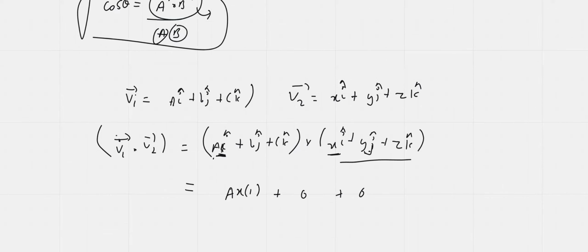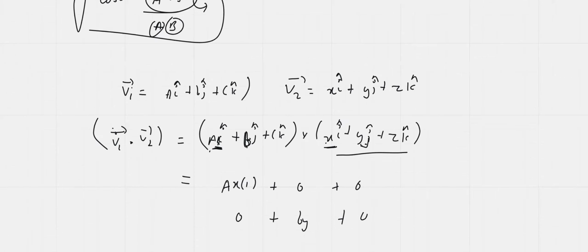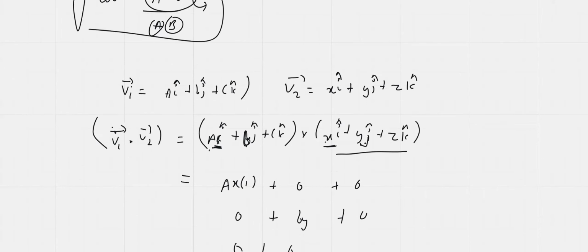Okay, let's do for b j. It starts with x i, so j and i will become 0, plus j and j. So here it will give some value, and then the rest will again be 0. Same I can do for here. And the last will be only c times z. Clear?